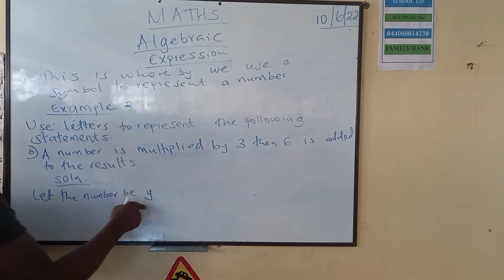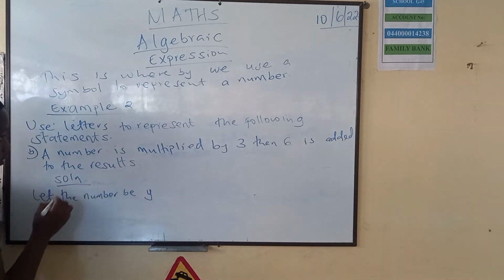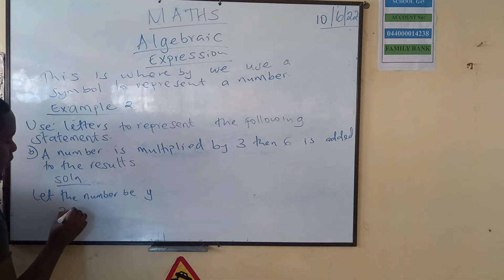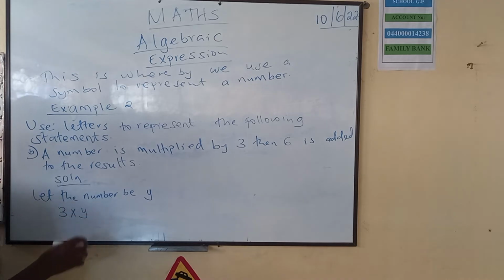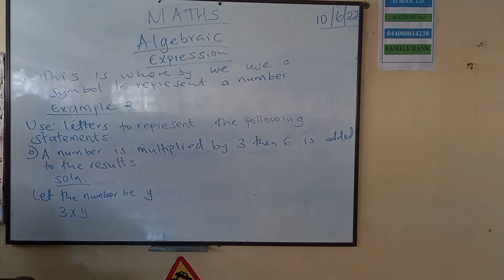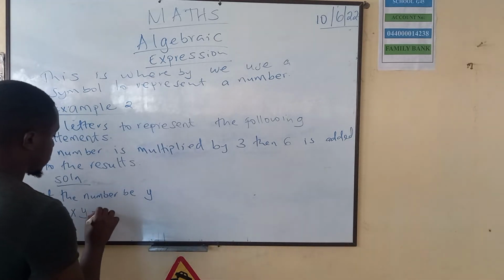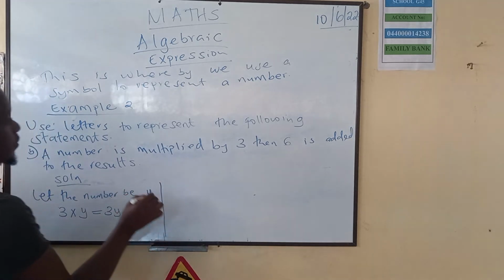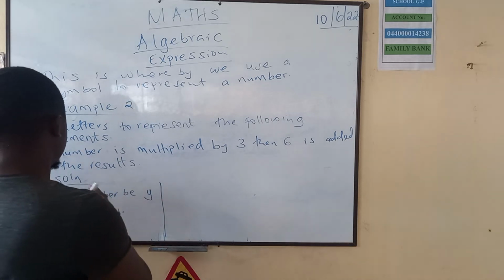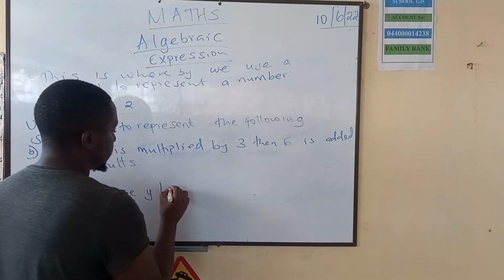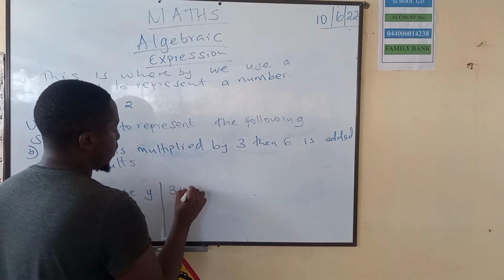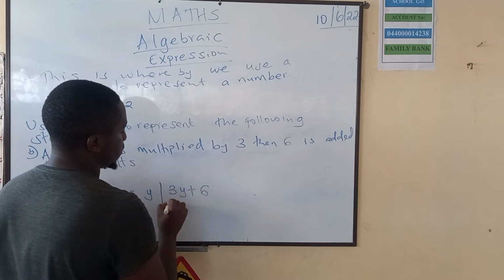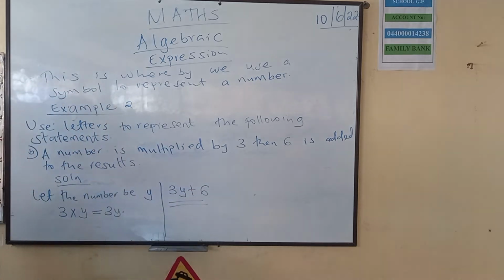Multiplying y by 3, according to the equation, the number is multiplied by 3. So we'll have 3 times y, which gives us 3y. Then the question says that 6 is added to the result. So 3y plus 6.